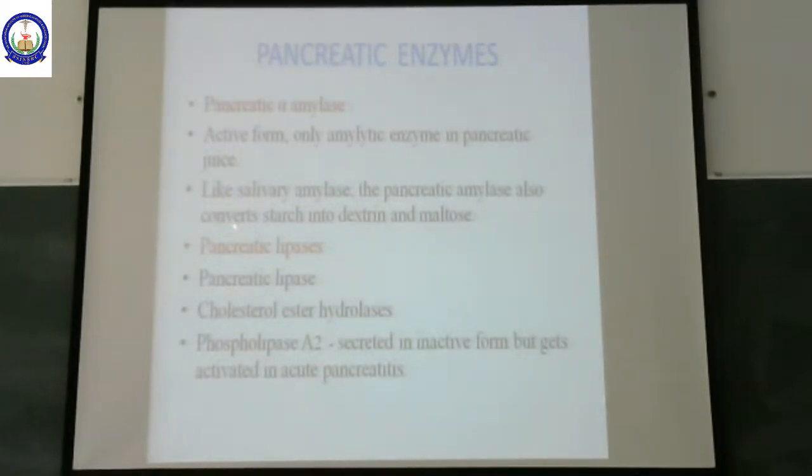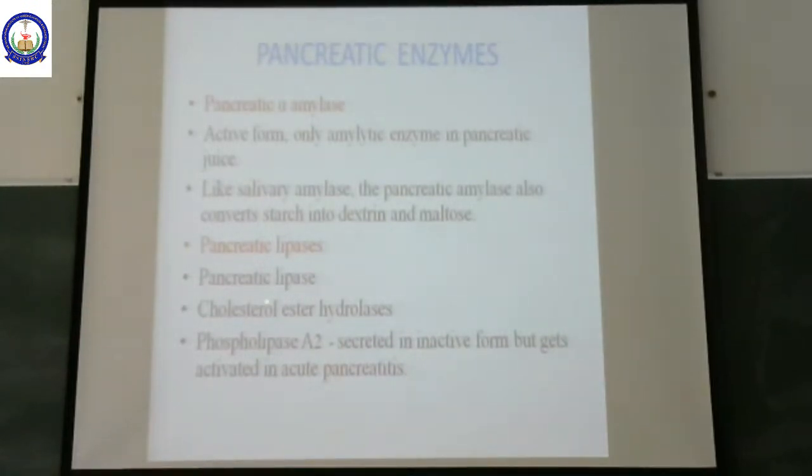So, what are the different enzymes secreted from the pancreas which can break down the fat substances? One is pancreatic lipase, second is cholesterol ester hydrolases.